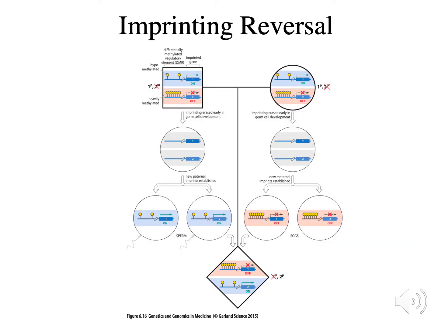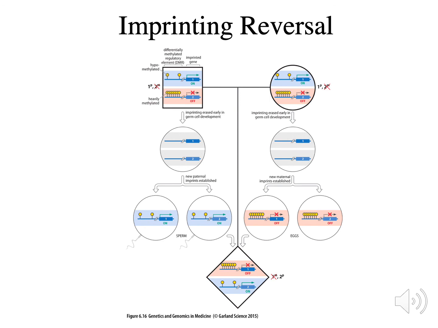And our next slide re-emphasizes the fact that, just as in other types of modification of transcription through epigenetic mechanisms, imprinting, which is a specific case of epigenetic modification, is dynamic, and it can take place, but it also can be reversed.